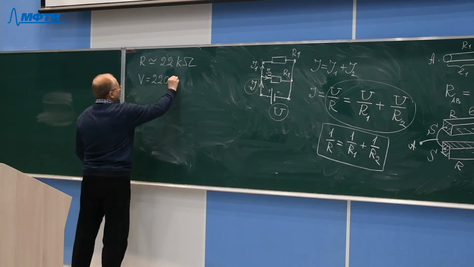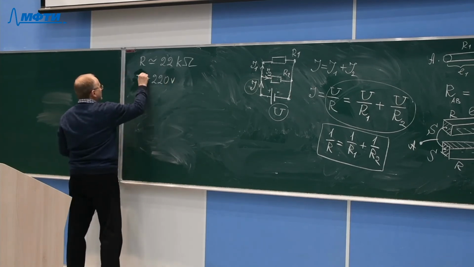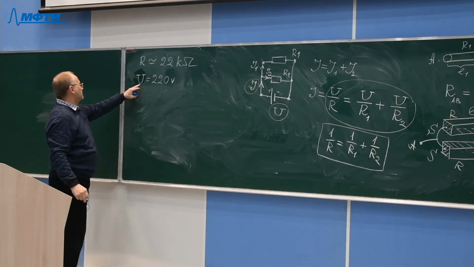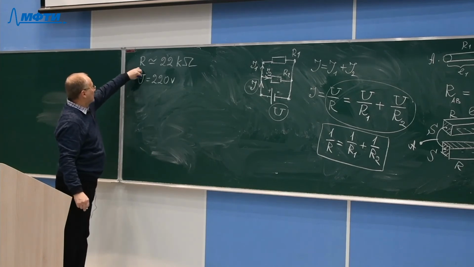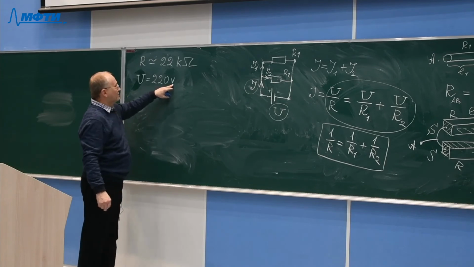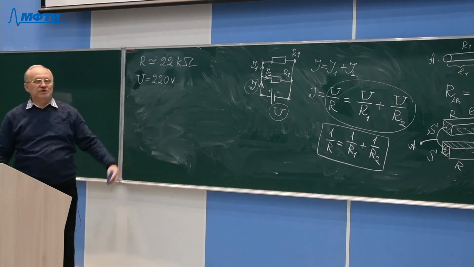Well, volts is a unit of measurement, so we should better use a different character, like the character U, to denote the voltage. And the voltage is 220 volts, as in the usual electric circuit used for illumination.